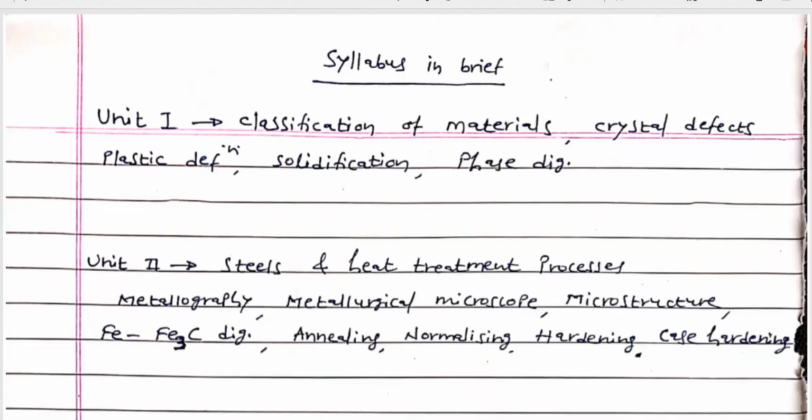Next topic of unit 1 will be about crystal defects. Crystal is defined as something like a structure which will have a definite regularity of the atomic arrangement.